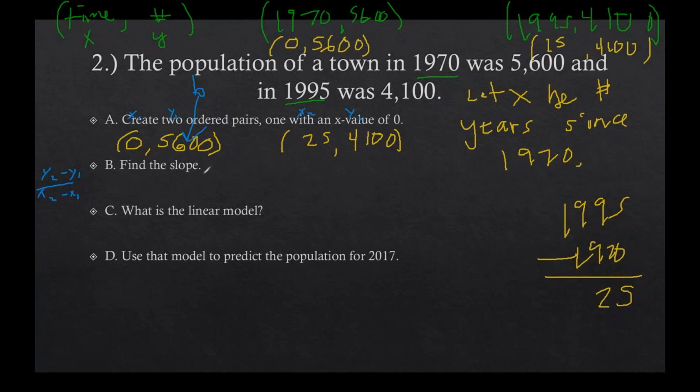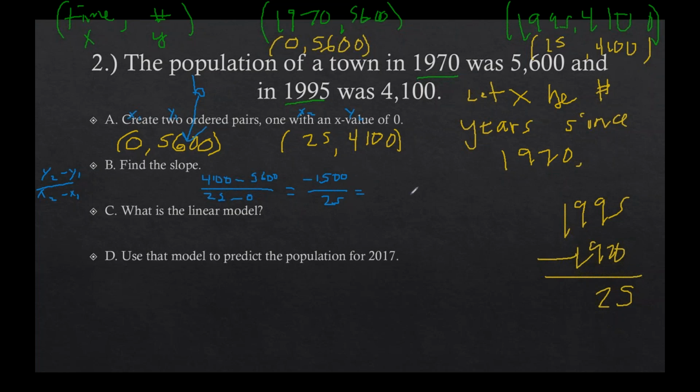So my y2 value is 4100, and I'm going to subtract my y1 value of 5600. And then in my denominator, I've got 25 minus 0. So notice that the ordered pairs are right on top of each other in the problem. So I end up with negative 1500 over 25.